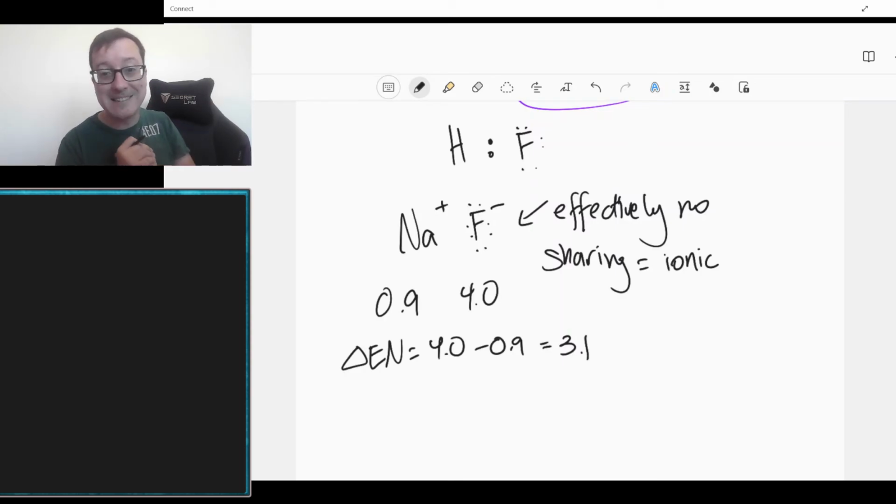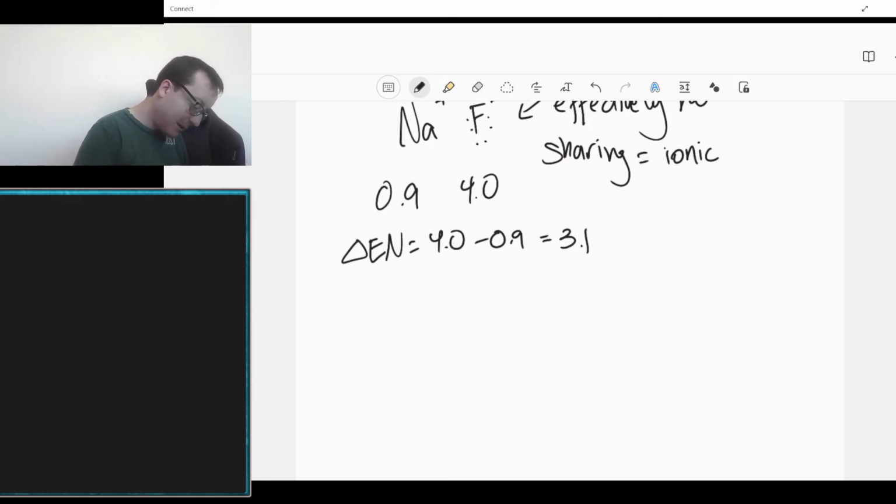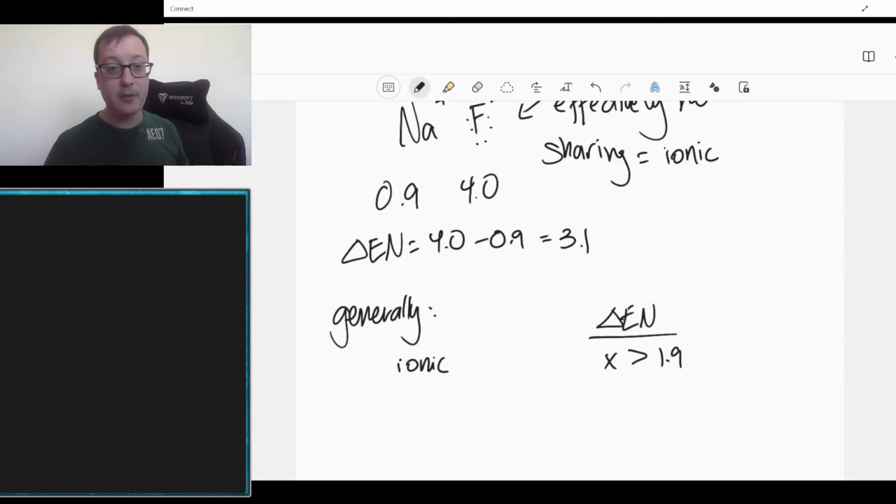We don't really have an exact line, but we have some guidelines. Generally speaking, if you have a difference in electronegativity that is bigger than 1.9, you're ionic. Not including 1.9, but bigger than. That is a fully ionic bond, we'll say.